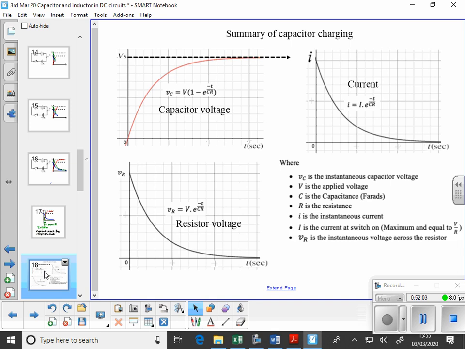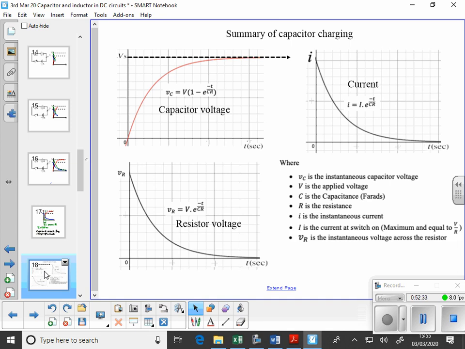Your current starts at maximum current, V over R, and falls away exponentially towards 0. But that bit you multiply I by is always worth a little bit, so in theory it never actually reaches 0, but it gets so close after 5 time constants that we consider it to be fully discharged.